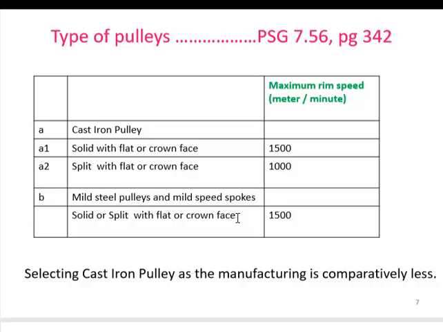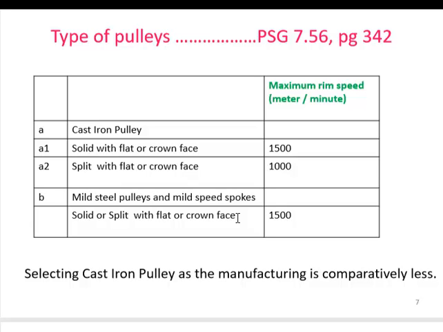In cast iron type of pulley, there are two types: solid with flat or crown face, or split with flat or crown face. Now if your value of maximum rim speed, or maximum speed of the belt, which is the same as the pulley speed, is between 1000 to 1500 meters per minute, you can select solid with flat face.